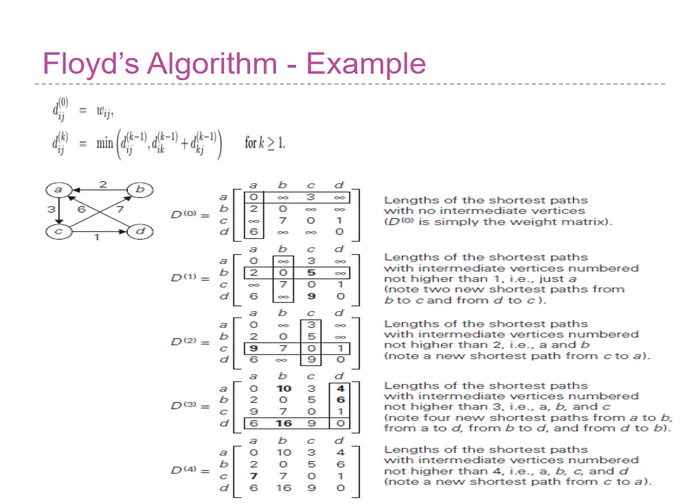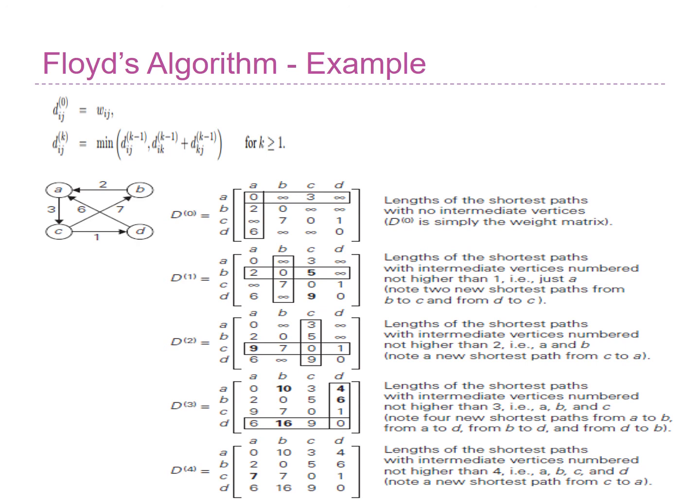For example, at D0, the intersecting value at B row and C column is infinite. But the sum of the intersecting value at the first row and the first column is 3 plus 2, which is 5, which is less than infinite.